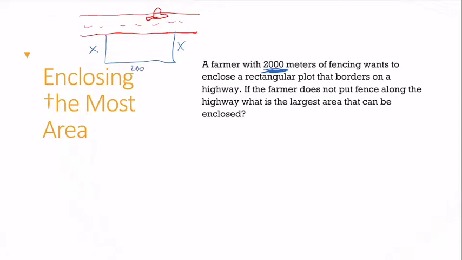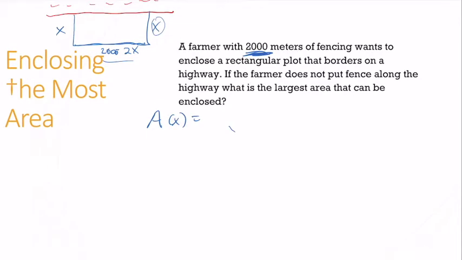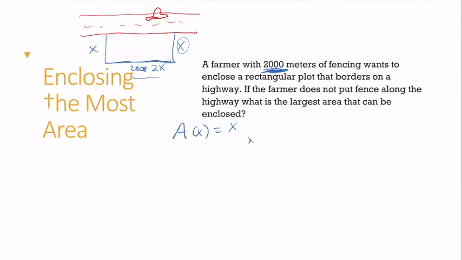So 2,000 minus 2 times x would be the length of this long side. So my area would be x times 2,000 minus 2x. So my A of x is negative 2x squared plus 2,000x.